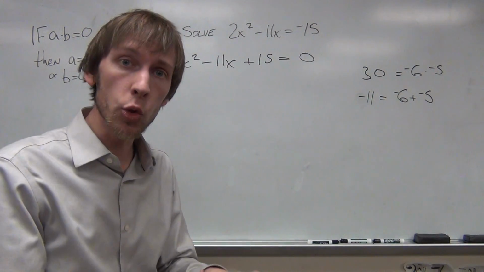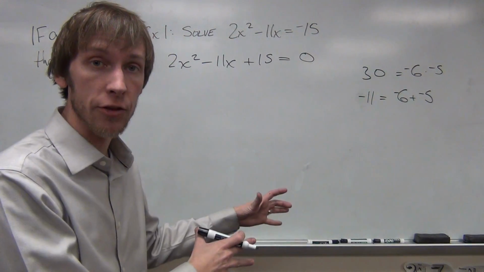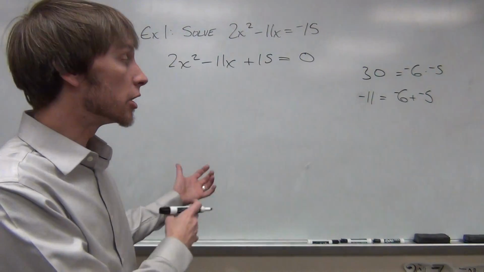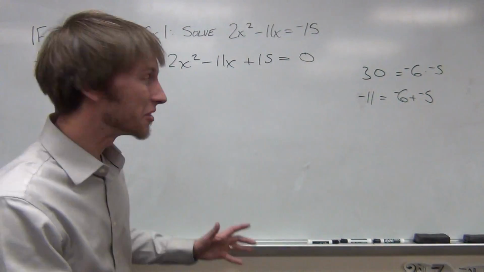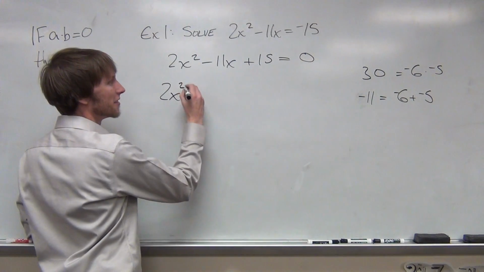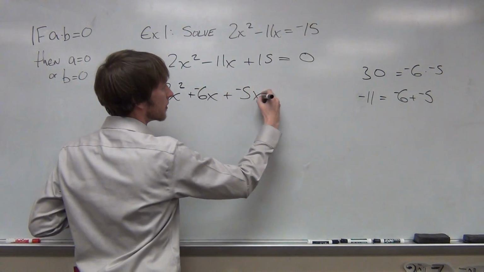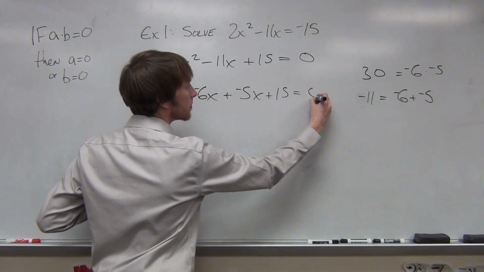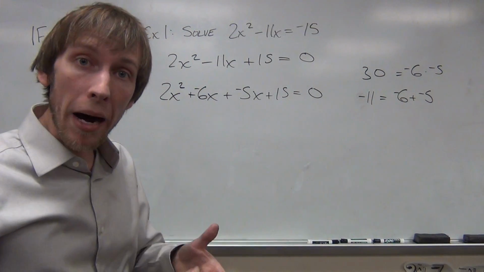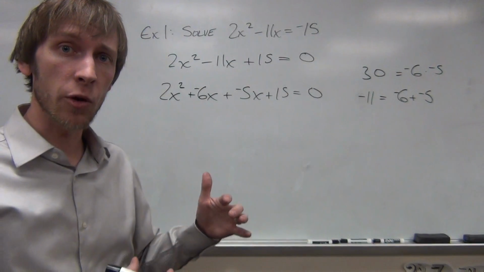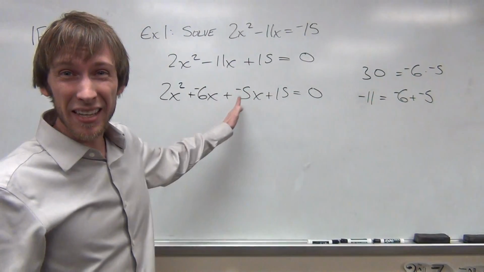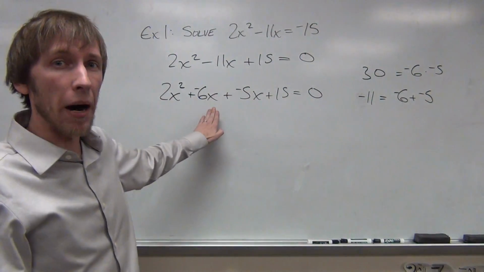So those are the 2 numbers that we're going to use to help us factor this quadratic equation. Stay tuned. We should be reminded that when we have a negative factor, that we should write it as adding the negative factor instead of a minus sign here.